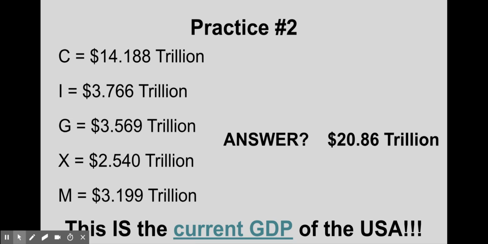And if you take a look here, this is where I got those numbers. It looks confusing, but it's not. GDP is $20.86 trillion in quarter four. Okay, remember, in a year, there are 4 quarters. That means there's 3 months, 6 months, 9 months, 12 months.